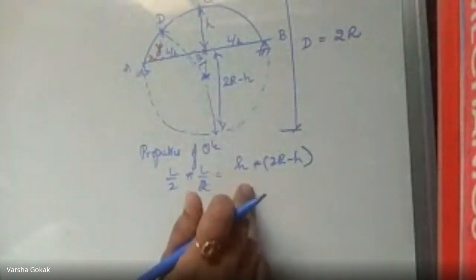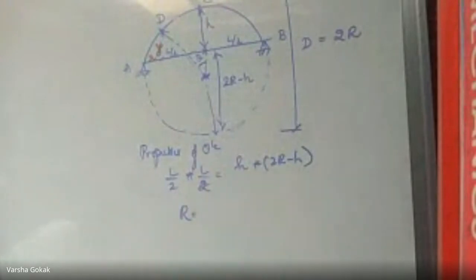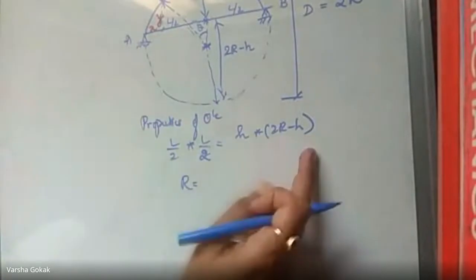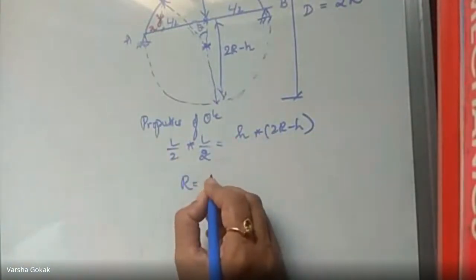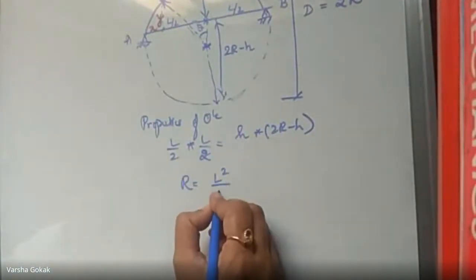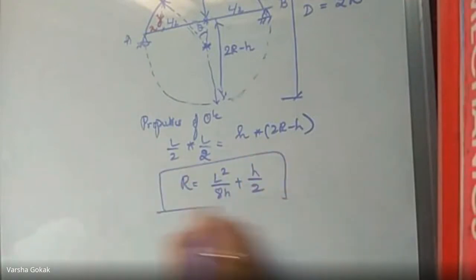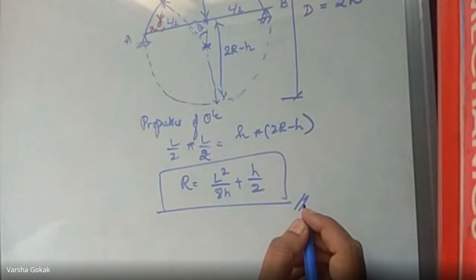From this equation, I can write an equation for r. That is, L square by 4, and h comes here, and then this h also comes over here along with the 2. So you get the final equation as r equals L square by 8h plus h by 2. This is the equation to find the radius of that particular circle.